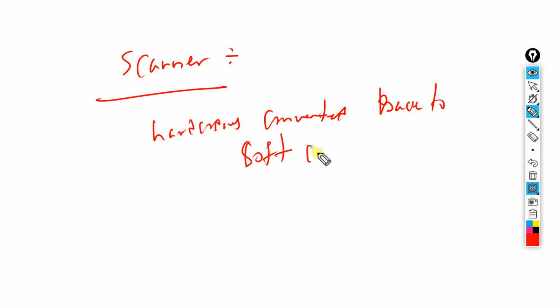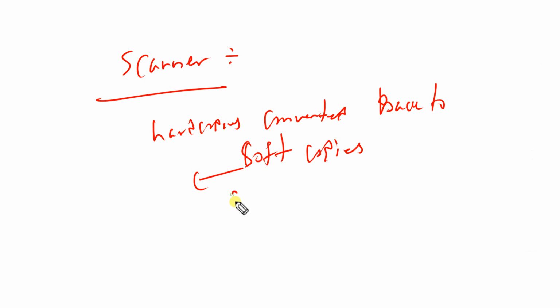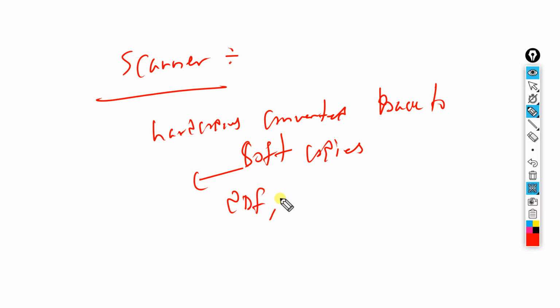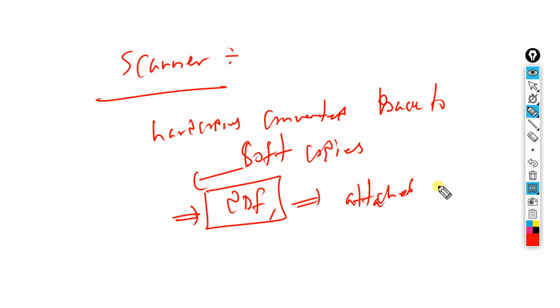Then only we can attach a document as a PDF or whatever file. Normally when you do scanning, we make it a PDF and send it. So we can attach it to email, very simple as that.